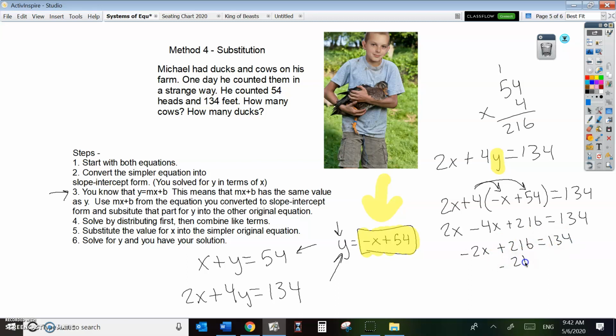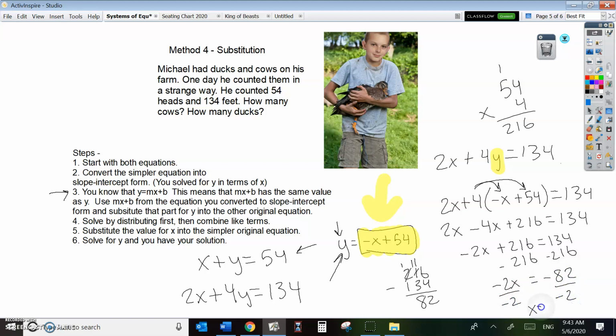Now we subtract 216 from both sides. 216 minus 134, make that a 1 and an 11, make that an 8. So 82, but it's going to be negative 82. So negative 2x equals negative 82. And divide by negative 2 here and here.